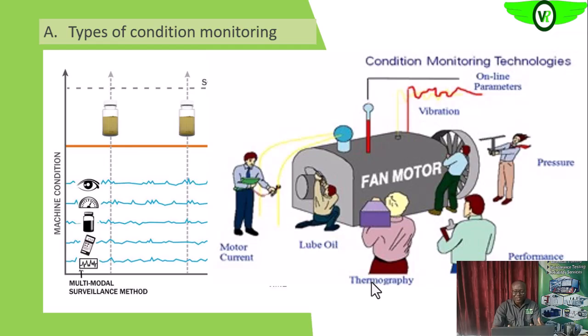Then also vibration, okay, especially around bearing housings. All of this gives us an indication of what is happening within the equipment. So even performance monitoring, the discharge rate, the flow rate, the volume of production, okay, all of those are indications as to the health of the process and equipment.